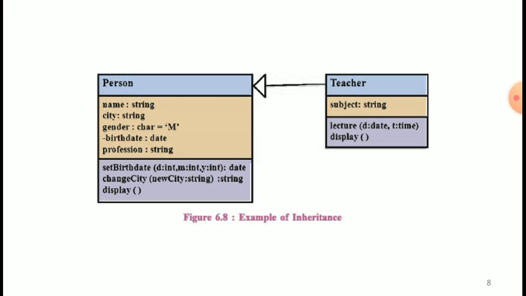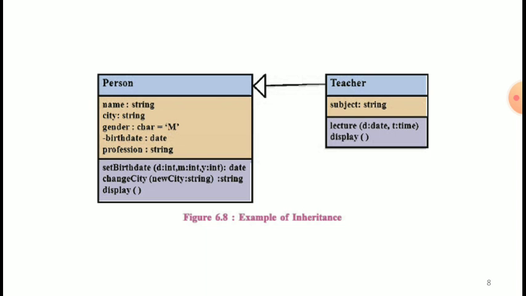It also allows a method to be redefined in the subclass as per need. In a class diagram, inheritance is represented using an arrow pointing to the superclass as shown in figure 6.8. In the example, person is a superclass and teacher is a subclass.